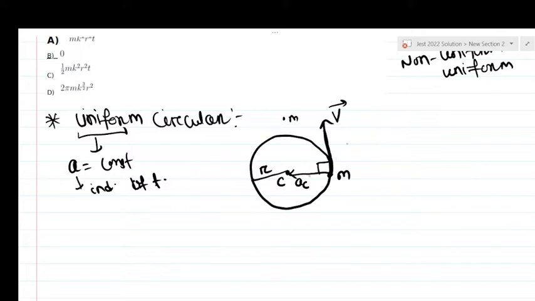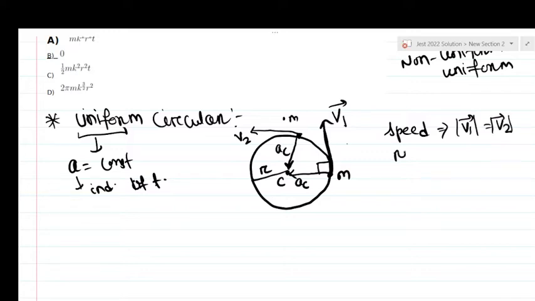Suppose that is the v1 vector at this point. At every point its direction of velocity keeps changing. Suppose this is v2 at this position, and the centripetal acceleration is towards the center like this. See here the speed, that is the magnitude of v1, is equal to the magnitude of v2. Speed remains the same, but the velocity is not equal to v2.